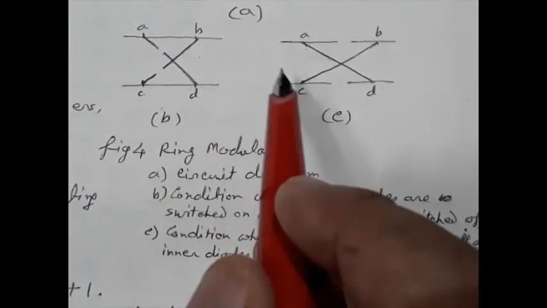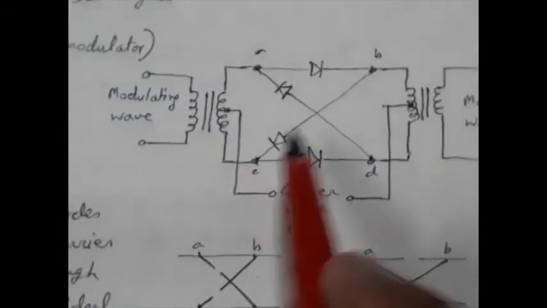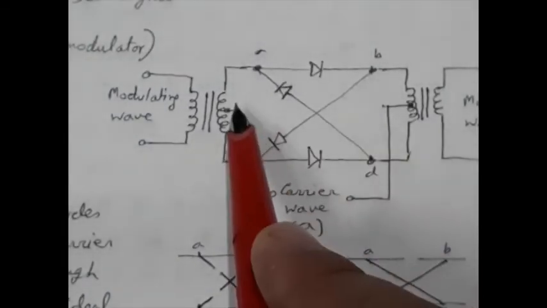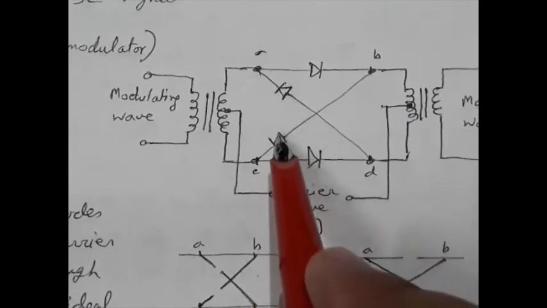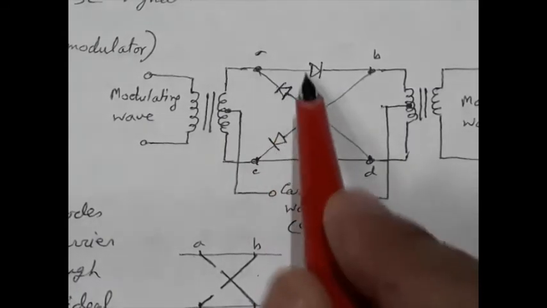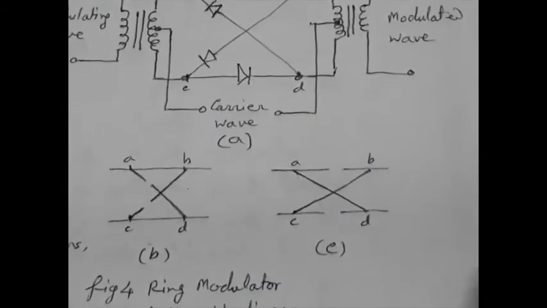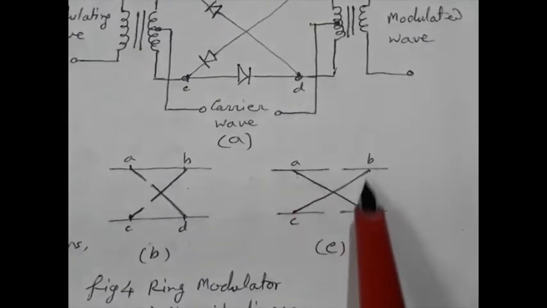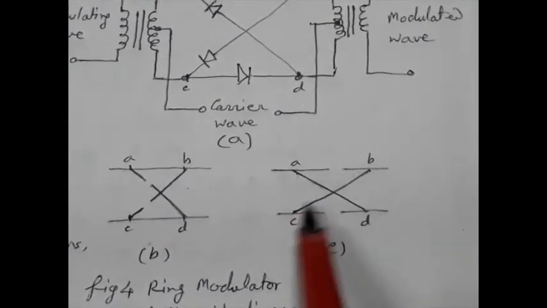Now during the negative half cycle, the potential at this point is larger than the potential at this point. So the inner diodes will be forward biased and the outer diodes are reverse biased. So the connection is now crossed, in this way.